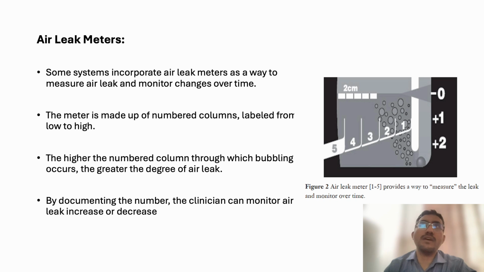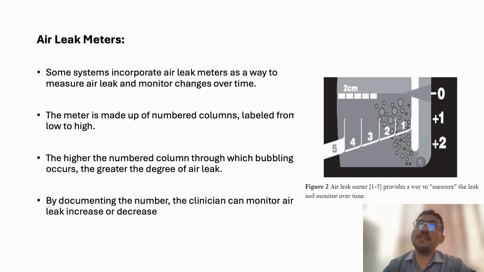Although it is not exactly objective, and is mostly subjective without a purely mechanical basis, the air leaking from the chest cavity through the collection chamber can be measured, and various systems divide this meter either from 1 to 4 or 1 to 5, some divide it up to 1 to 7, and the higher the number of the numbered column through which the bubbling occurs, the greater is the degree of air leak.